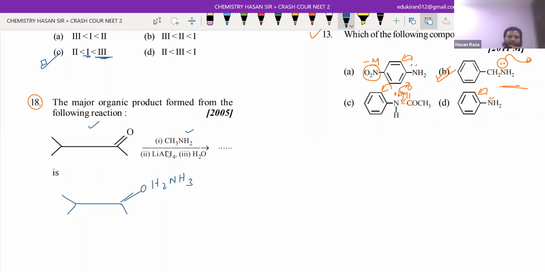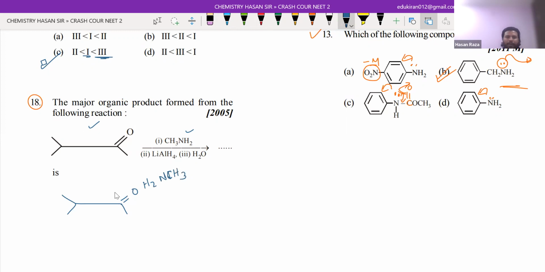So basically, there will be removal of a water molecule. This is your NH2. Wait a minute, I'm going to show. This is your double bond, and I'm going to show this H2NCH3.